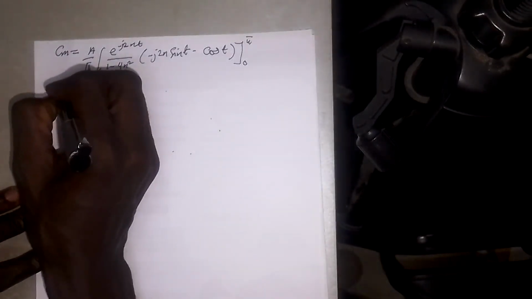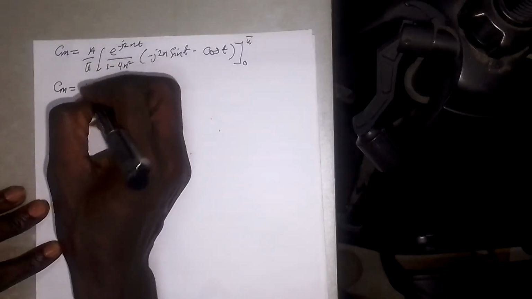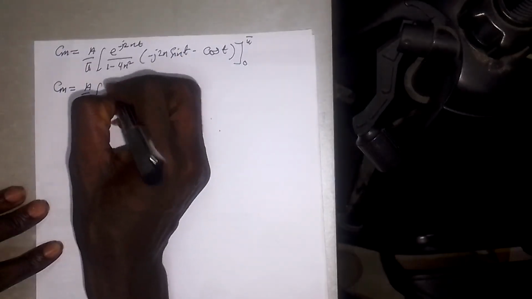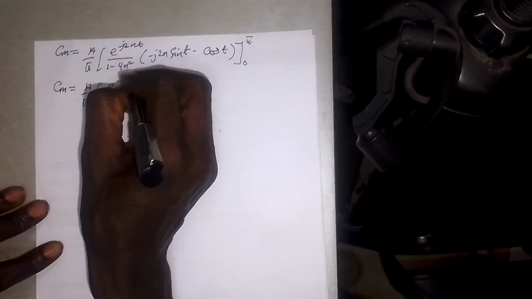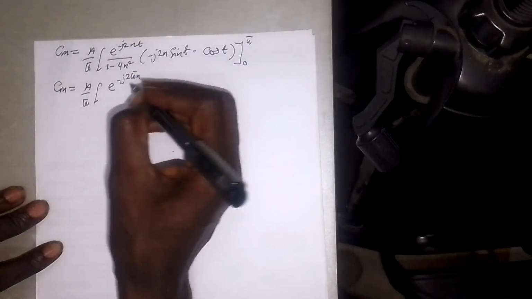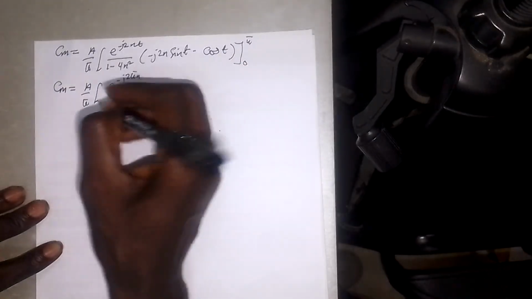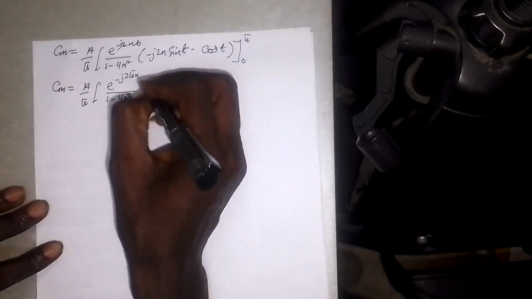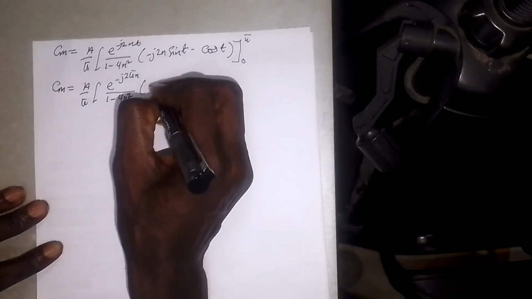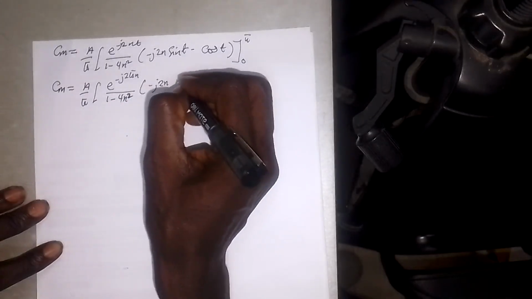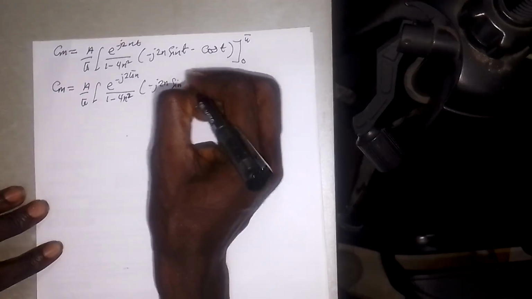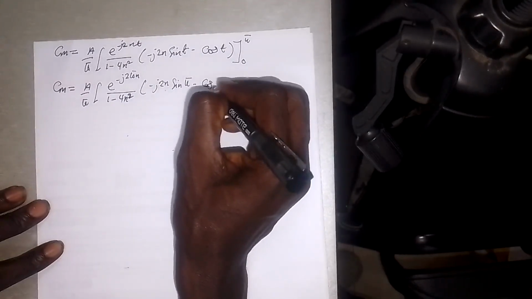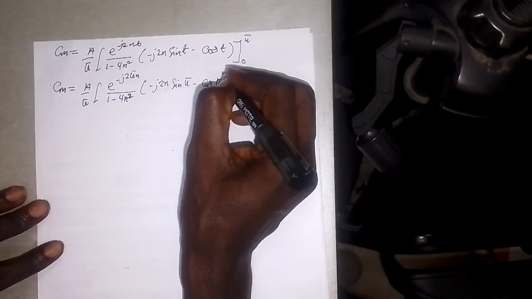So here c_n is equal to A on pi into e^(-j2 pi n) over 1 minus 4n squared, into minus j2n sine pi minus cos pi.